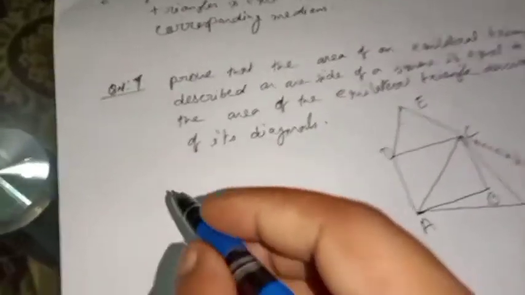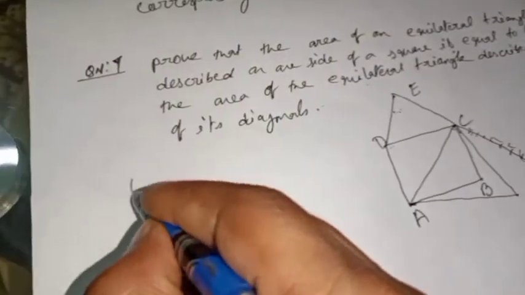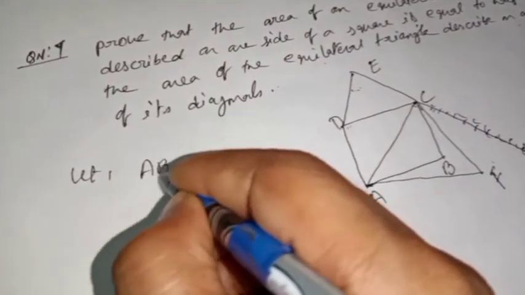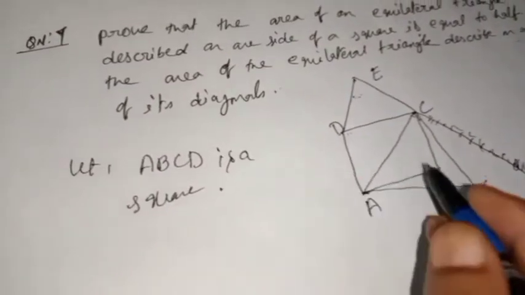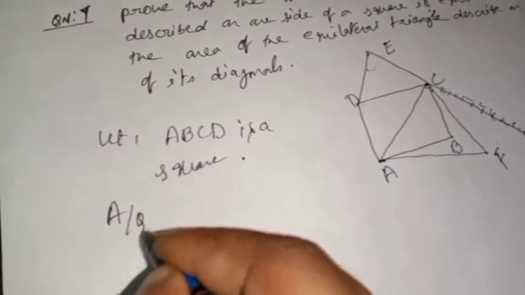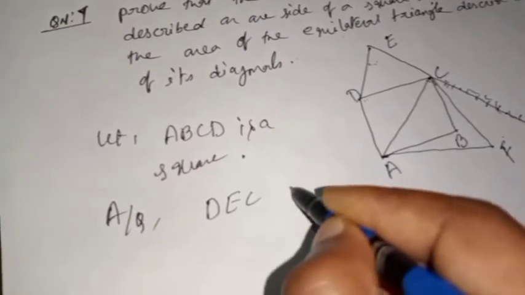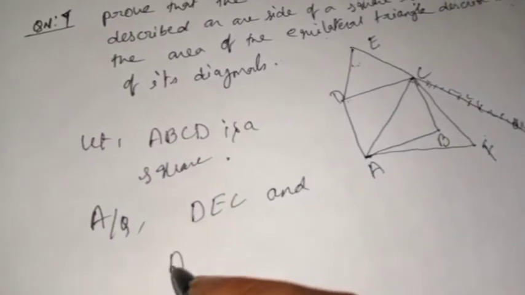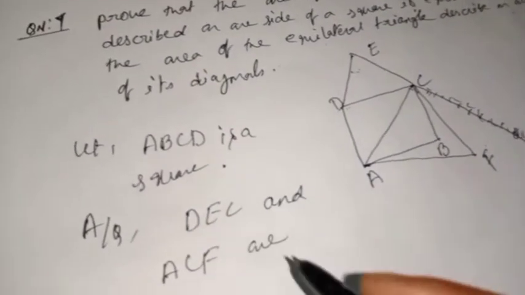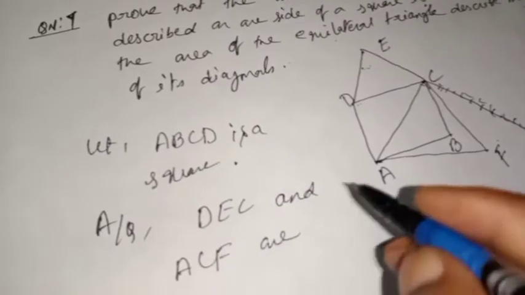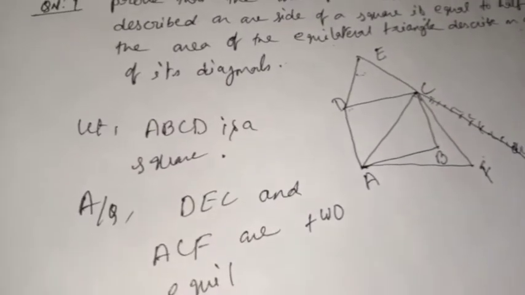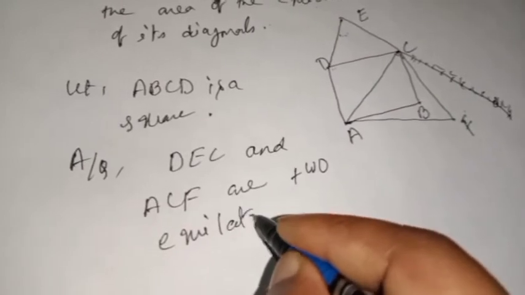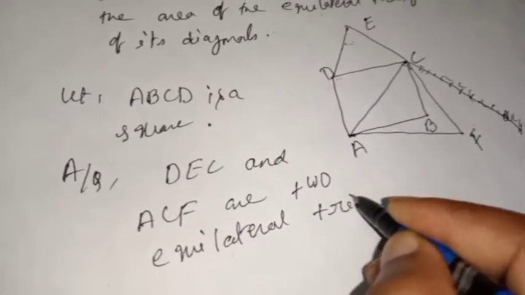Okay, see. Let ABCD be a square. According to the question, DEC and ACF are two equilateral triangles.